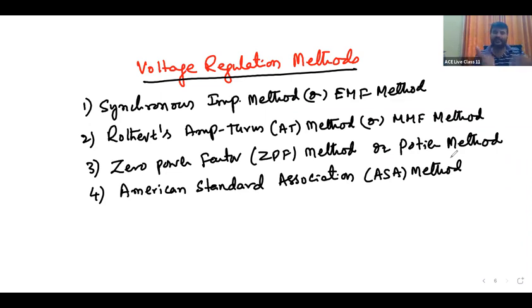In the laboratory, these are indirect methods, graphical methods. By drawing OCC and SCC, we can measure the regulation. But while you are conducting OCC, how much energy is wasted? Only iron losses. And while conducting the short circuit test, only copper losses. Mechanical loss will anyhow be there.